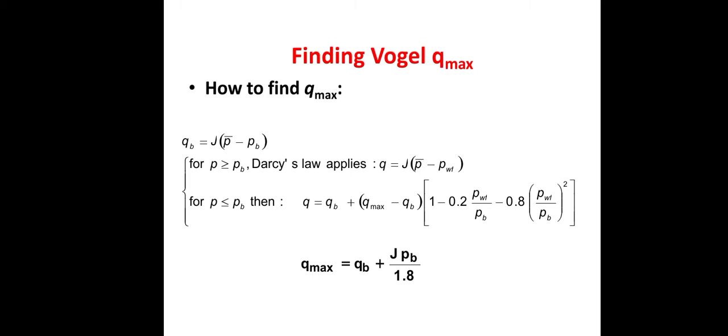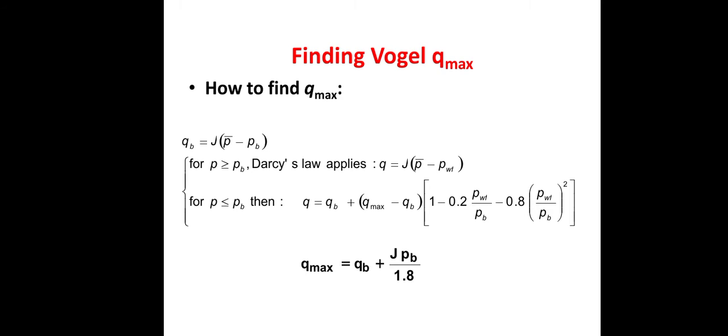So how to find the Vogel Q max? This is the given equation from which you can derive and get the Vogel Q max. Q max is equal to Q at the bubble point plus J at the bubble point times P bubble, divided by 1.8.